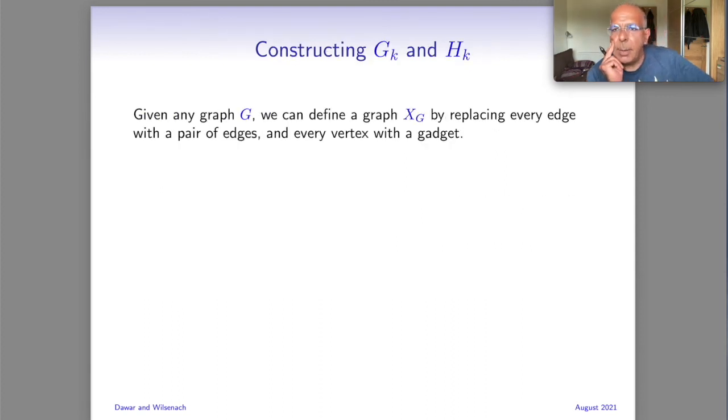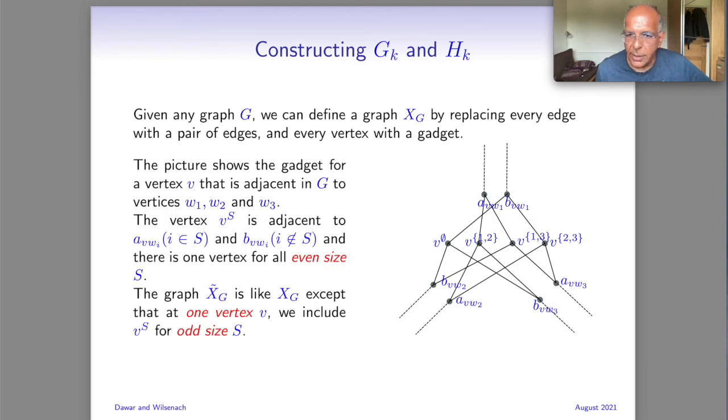Okay, so let me say something about how we obtain the graphs gk and hk. Start with an arbitrary graph G. And using this, we can define a graph XG by replacing every edge of G with a pair of edges and every vertex with a gadget. This is the gadget. I've displayed this gadget for a particular vertex of degree 3.